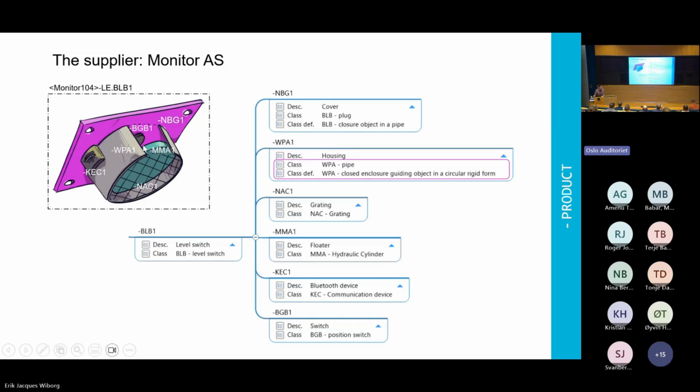Now note that this class, this circular housing component, is called a pipe. It really isn't, or you could say that this is not really a pipe. The reason why it was picked is because when you pick your class for your component, you want to look at the class definition. Closed enclosure guiding object in a circular rigid form.